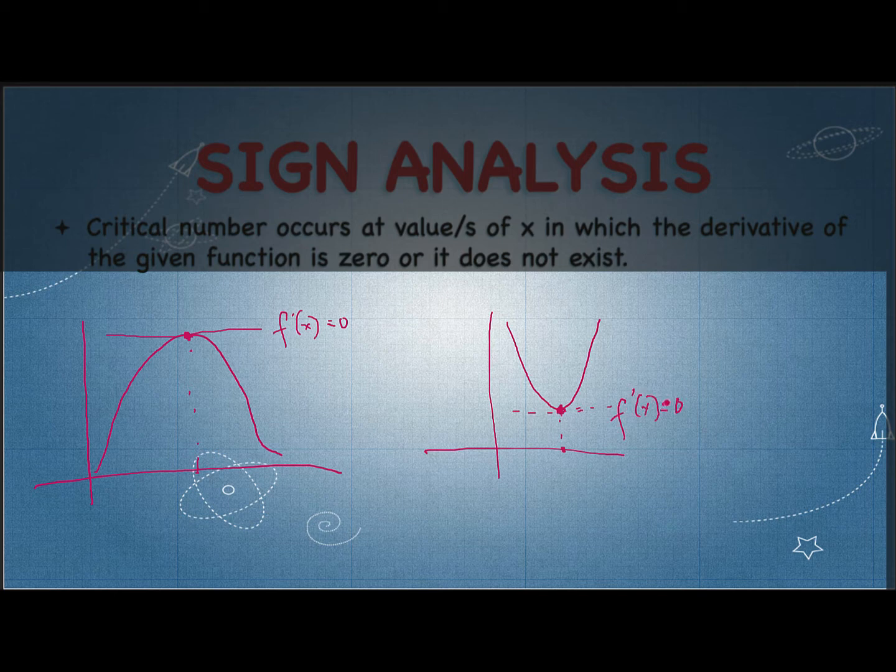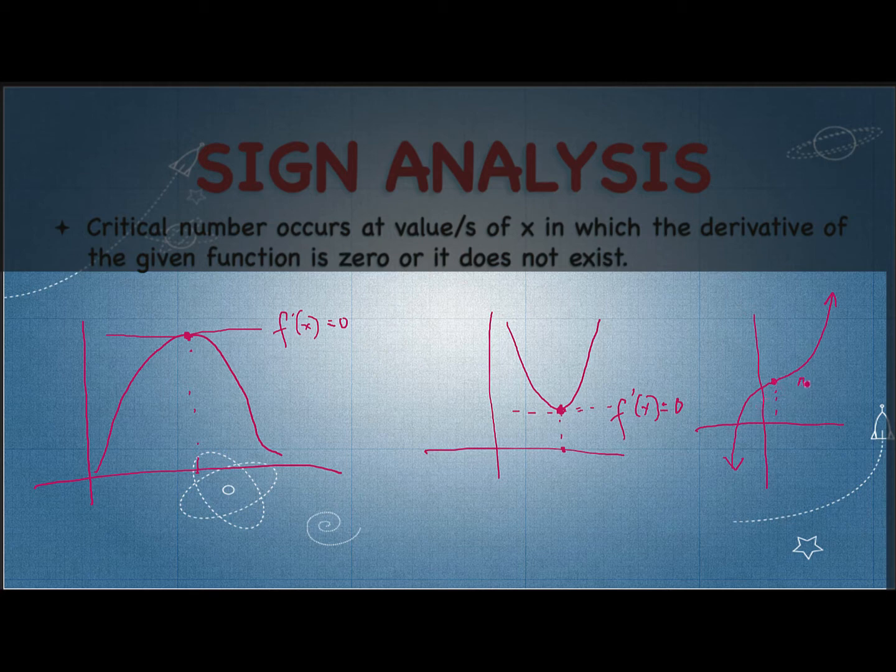is also 0. Okay? But sometimes we have a function in which we have a critical point, but it is not a maximum and it is not a minimum. For example, this function, you will see that this is a critical point right here, and this critical point is not a maximum and not a minimum.